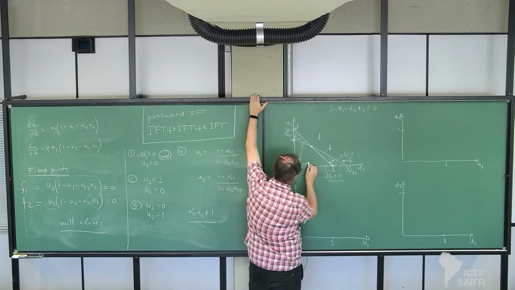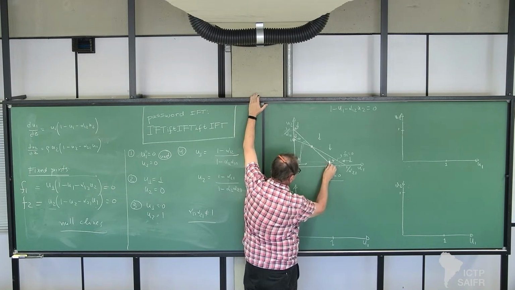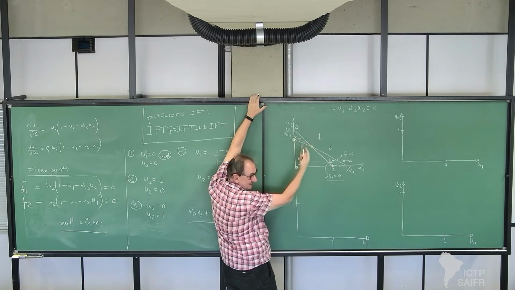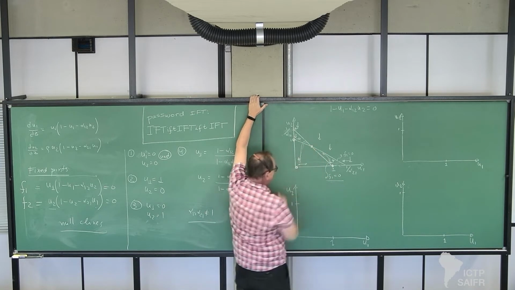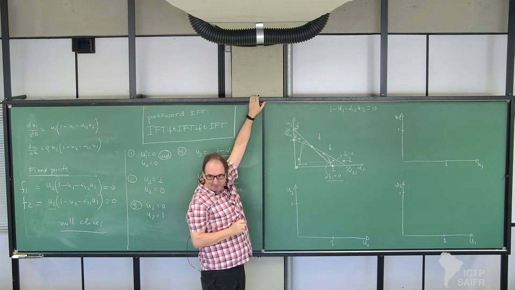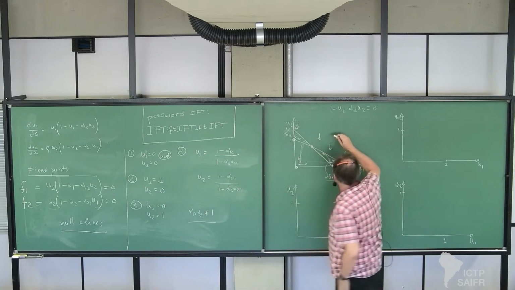If I go this way, I will start to increase. I still increase in this direction, but I go this way and I will end up at the middle. I could start somewhere else also.